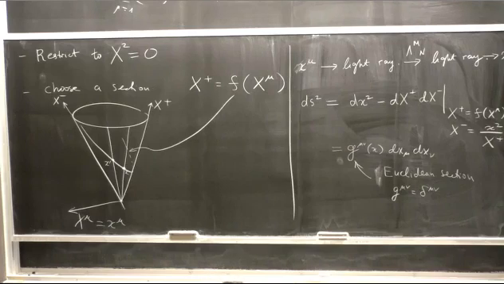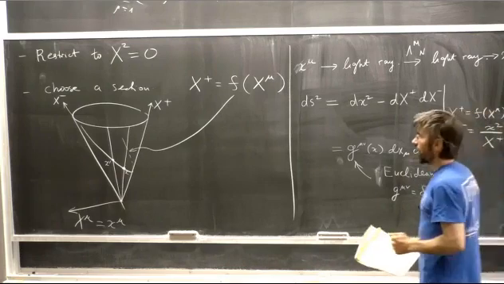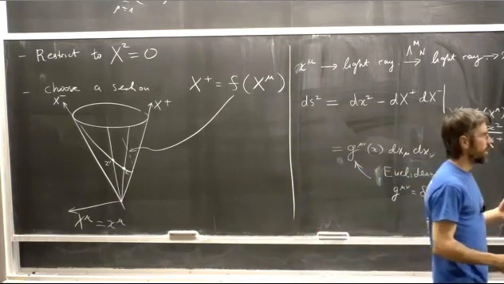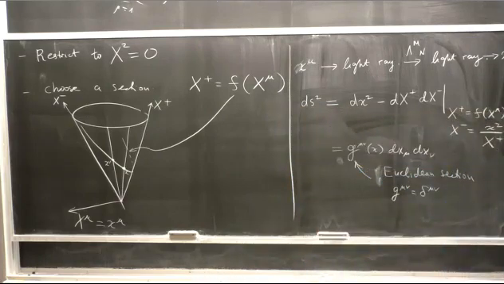And so, okay, I have shown you that any transformation that I'm going to get this way is going to be a conformal transformation. Now, what you need to check is that in this way, I can actually realize any conformal transformation.